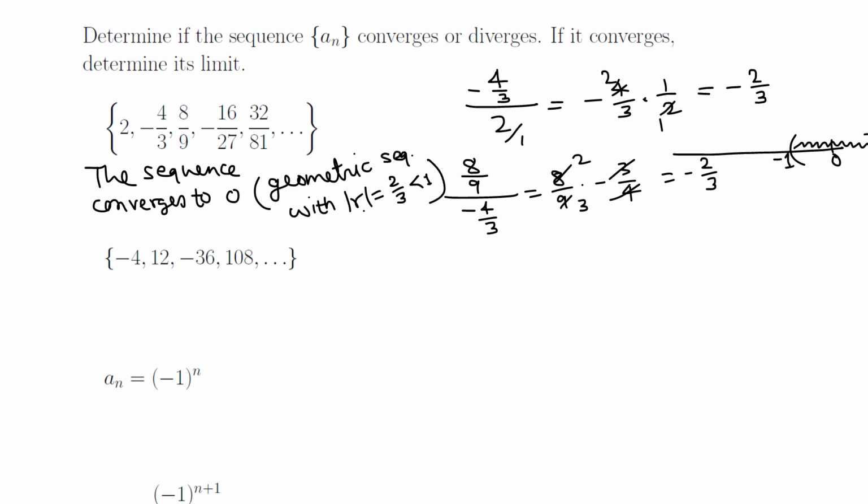If the absolute value of the common ratio is strictly less than 1, then the terms of the sequence eventually go to 0.